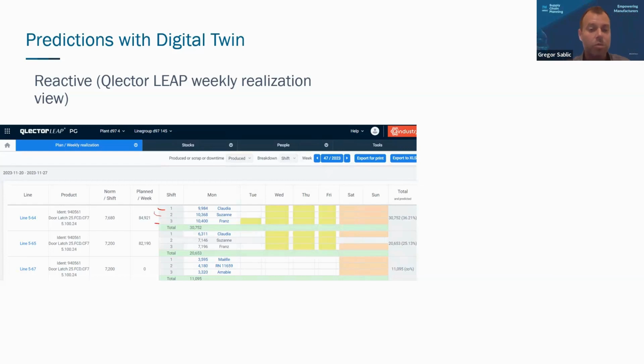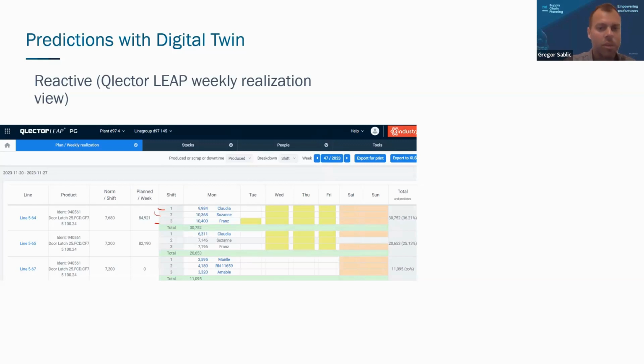So how much was realized in reality, and different departments can also take certain analysis at the end, but they can take them only after the production is already finished. So that's a typical reactive approach.